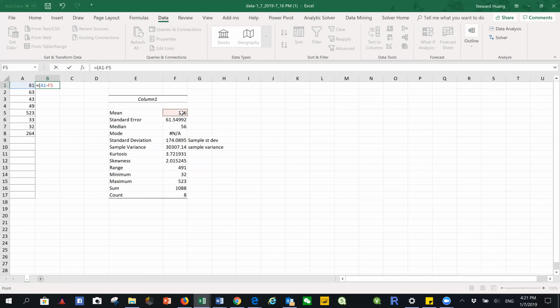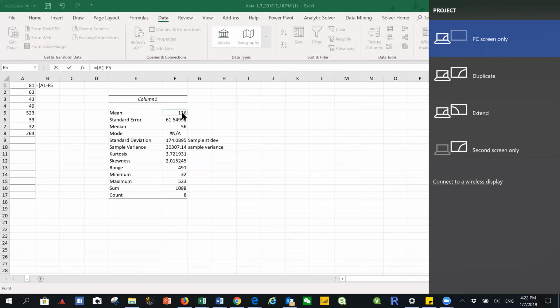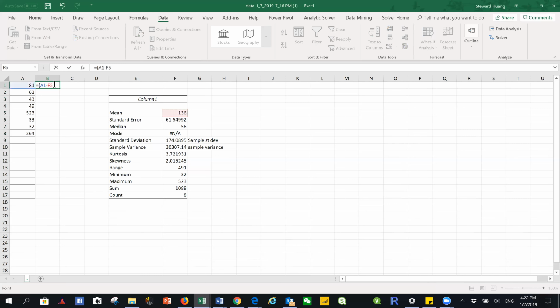I find the difference, but I have to lock this mean.